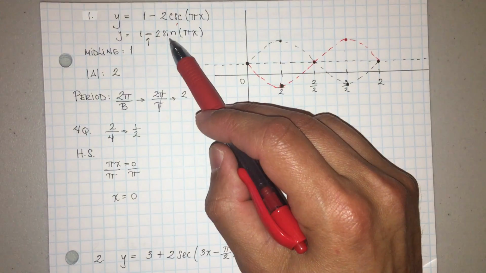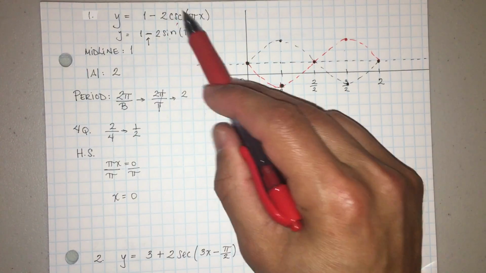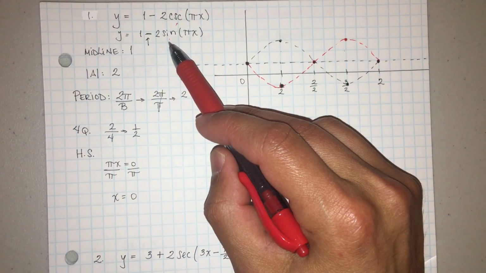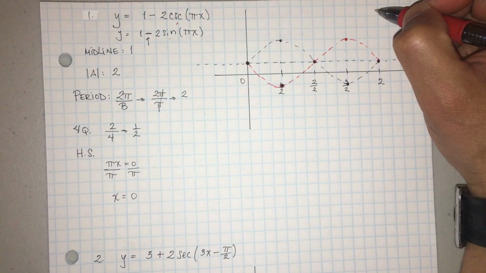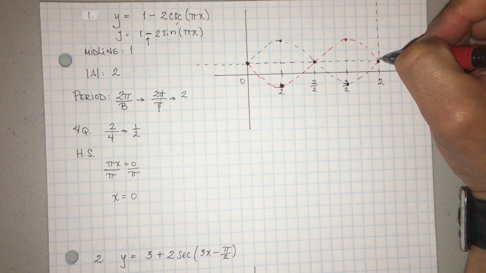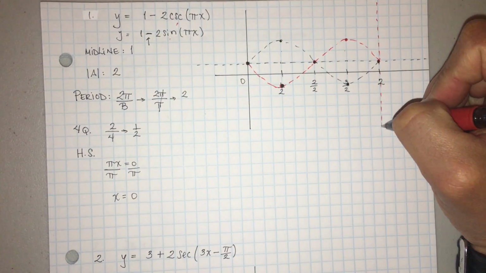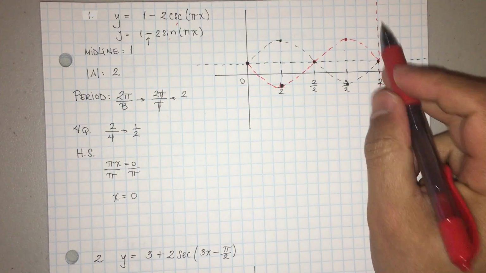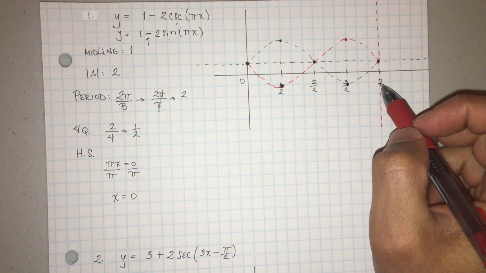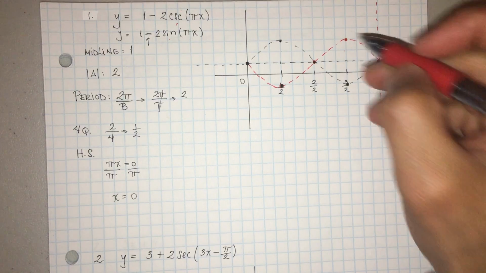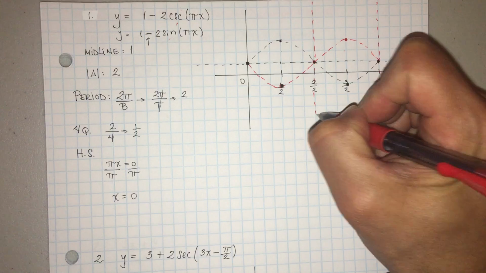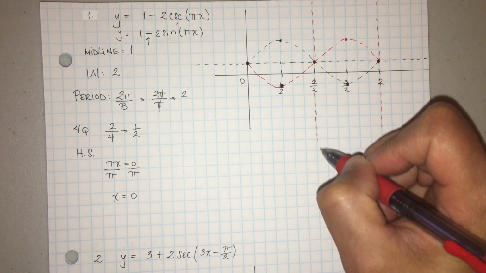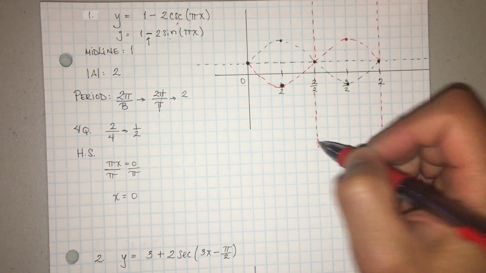Remember that sine, or actually I should say cosecant, is the reciprocal of sine. So here, wherever you see these x-intercepts, this guy right here, we're going to have a vertical asymptote. Okay, we're going to have a vertical asymptote. And if you don't remember why, go back to the other videos where I go over it, and that'll make much more sense.